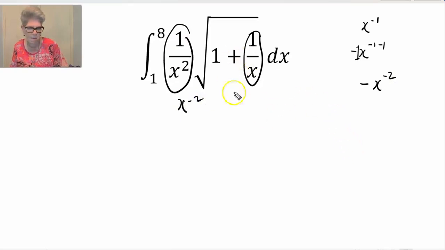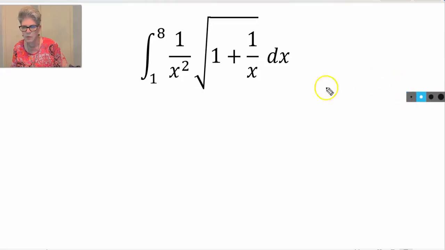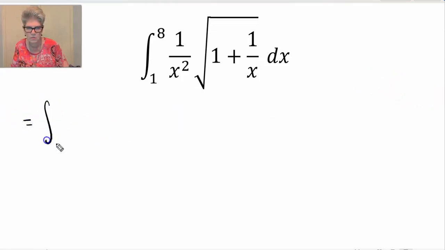So I'm already formulating a plan on how to do this. First of all, I'm going to rearrange it. I'm going to put the square root stuff first. And I'm going to rewrite that as x inverse, and then I'm going to rewrite that as x to the negative 2.